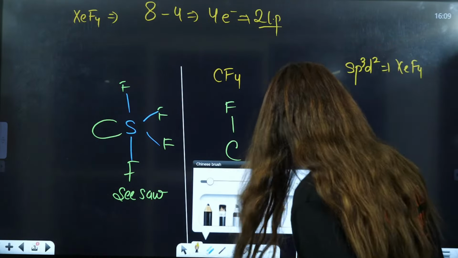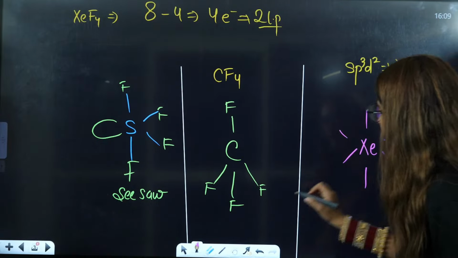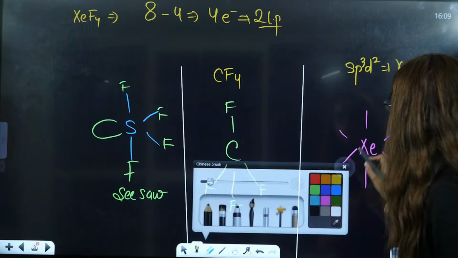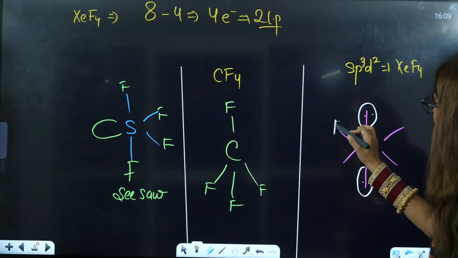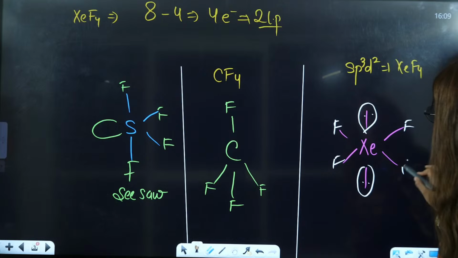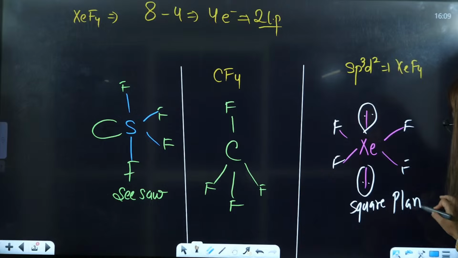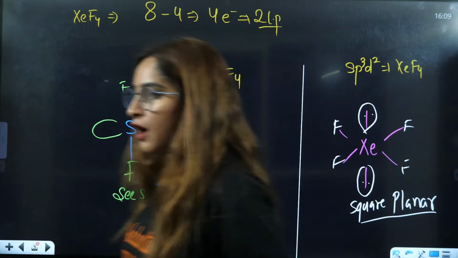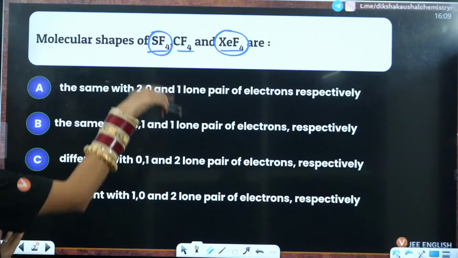But the shape is different because it has octahedral geometry, and you have to attach the 2 lone pairs on these positions, and this is your F, F, F, F. So this is going to be square planar shape. Now they can ask you any molecule, and you have to answer in the same manner.